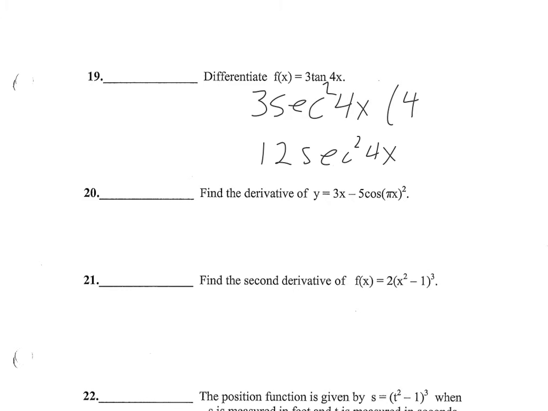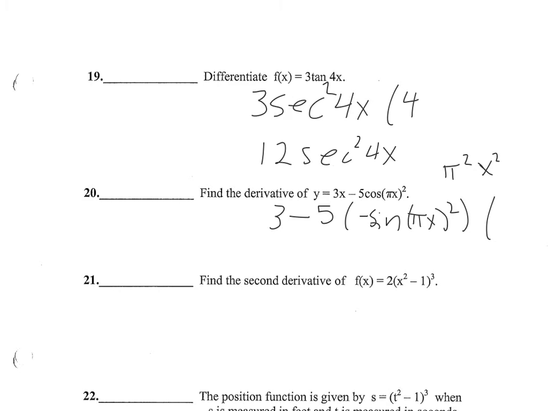Alright, then we jump down here to this one. The derivative of 3x is just 3 minus 5, and then the derivative of cosine is negative sine of pi x squared, and then we'll take the derivative of that. I'm just going to distribute and say that this is just pi squared x squared.